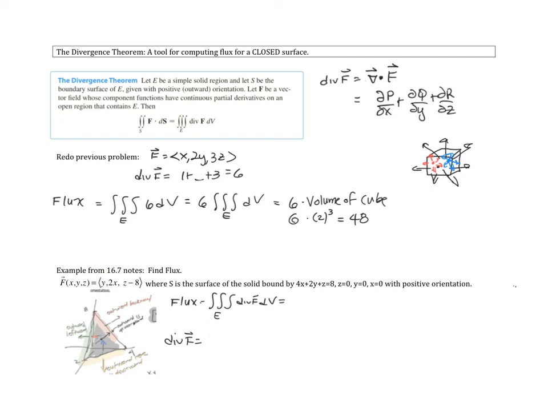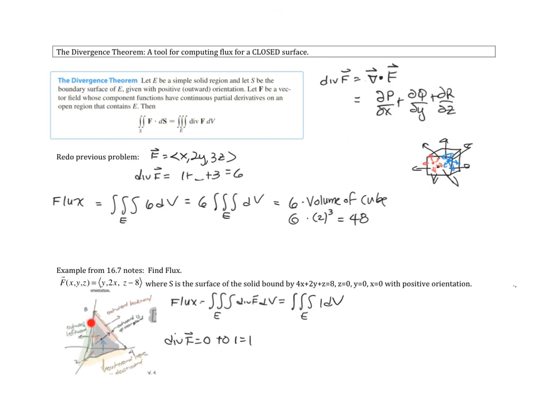And divergence is not a vector. Partial with respect to y here, that's going to be 0. And partial with respect to z here, which will be 1. So the divergence is 1. And so we just have the triple integral of 1 dV.